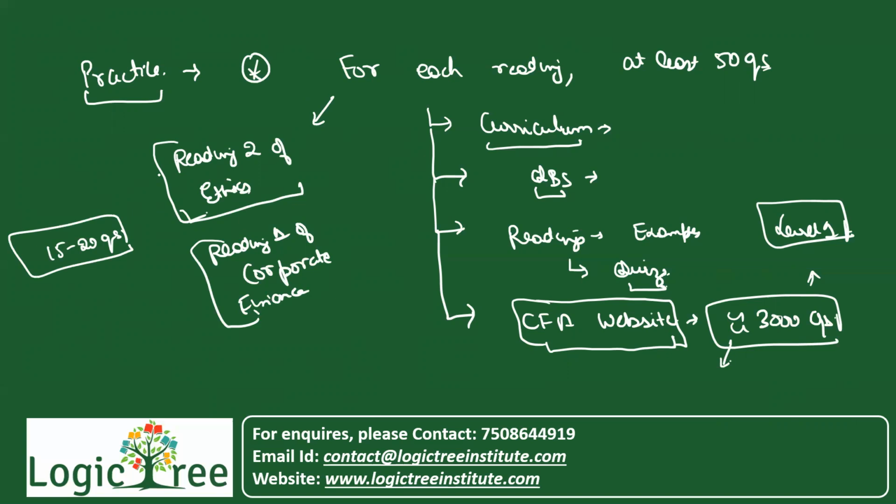For such readings, such theoretical concepts, which are not that important from the exam perspective, if you solve around 20 questions, that is fair enough. But for the important ones, it is mandatory that you solve at least 50 questions. If you want to do more than that, sure you can, but make a plan first, and make sure you have sufficient time.